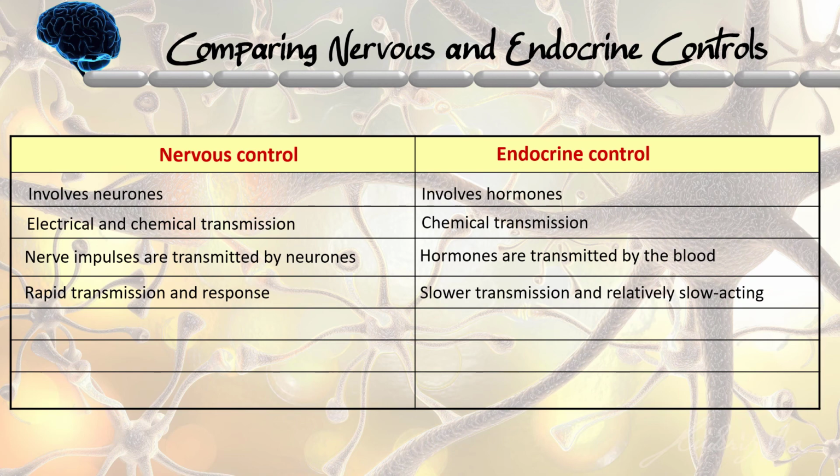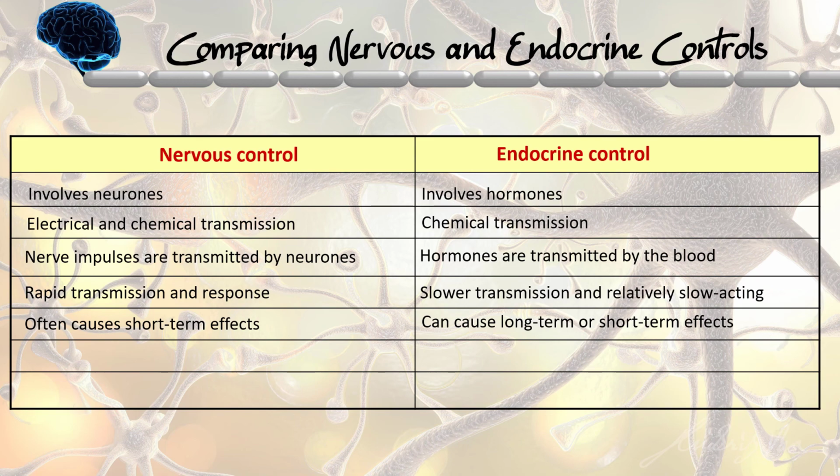For nervous control, the response is normally rapid. For endocrine control, it is normally slower. And even fast endocrine control is still relatively slower than nervous control. Nervous control often causes short-term effects, such as our pupil dilation or constriction, while endocrine control can be long or short.